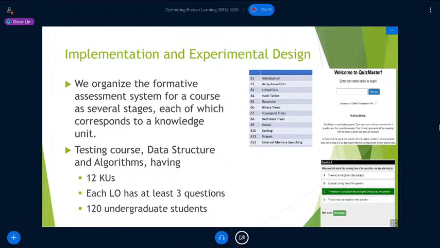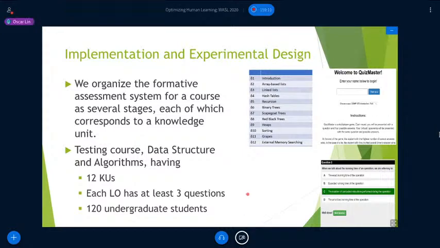We now use a data structures and algorithms course, which I am teaching as the first online course, and then we are going to use an English language course to test the algorithm. At least 120 undergraduate students of my university will participate in the test.